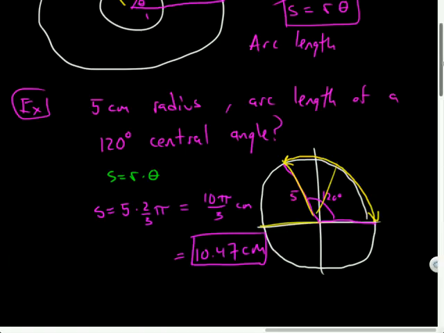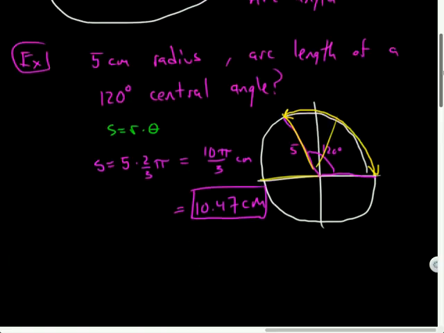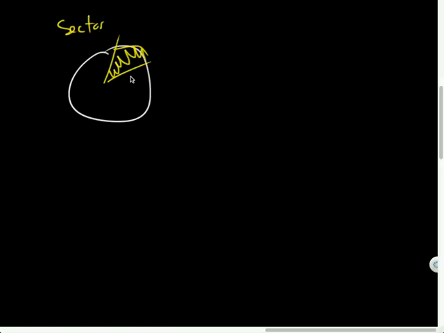Now similarly, not only can you find arc length, but there's also finding the area of a sector. Do you guys know what a sector is? A sector is the area of one slice of our circle.